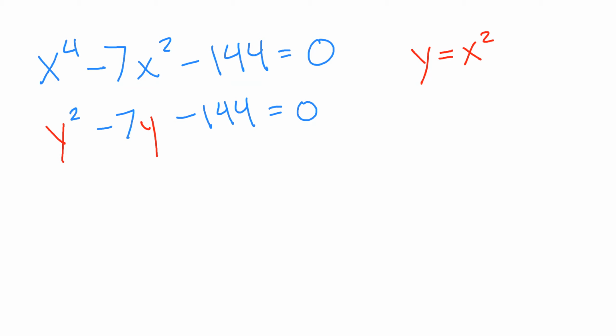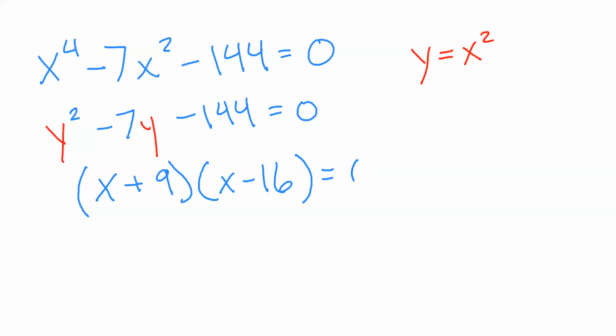Let's see, what multiplies to 144? So 9 and 16 multiply to 144, and positive 9 plus -16 adds to -7. So we can factor this quadratic just like this, and I've already made the first mistake.